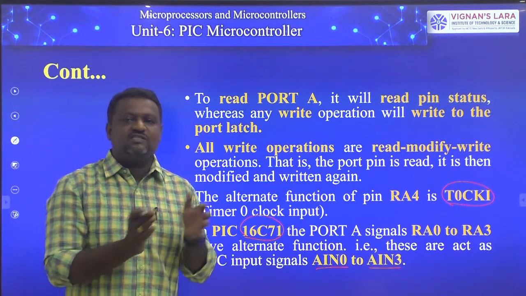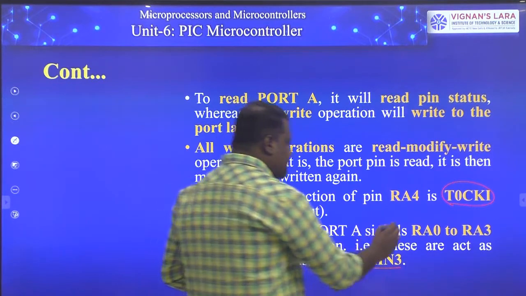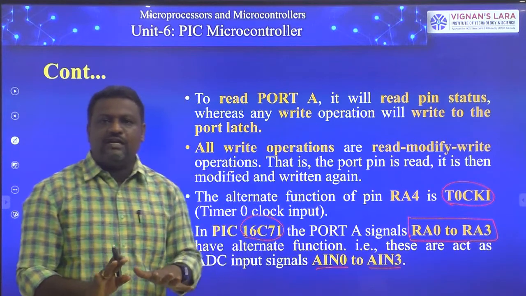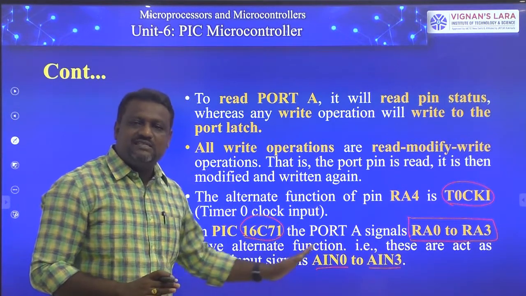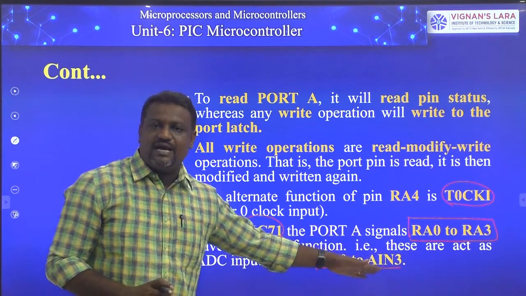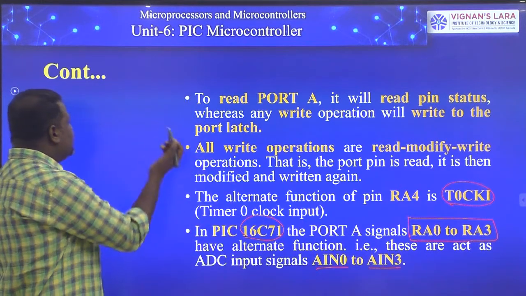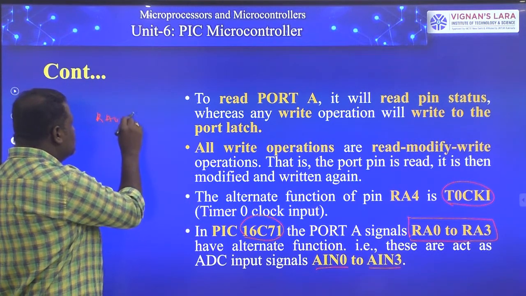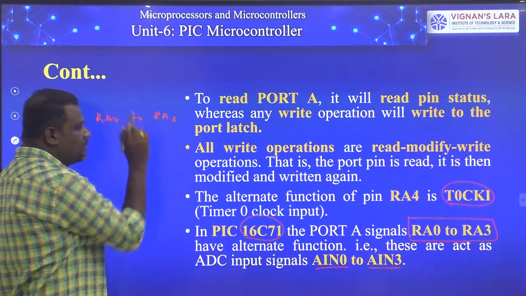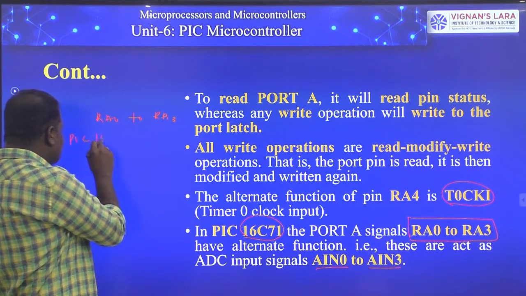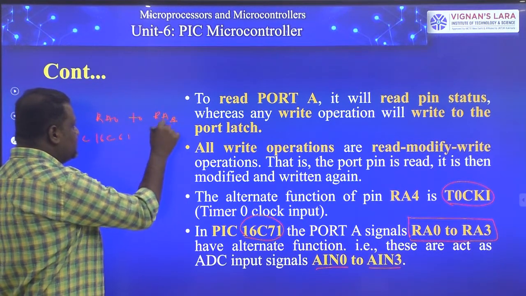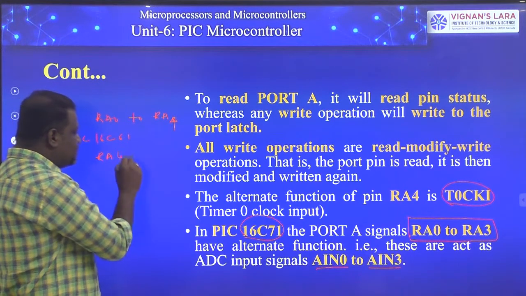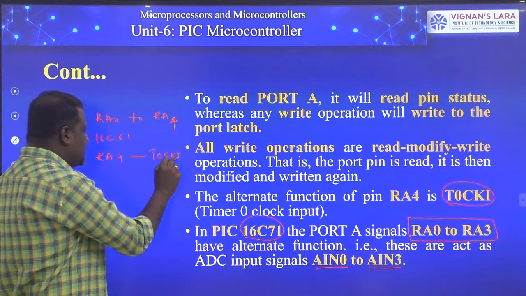But in PIC16C61, there is no alternate function for the port A signals RA0 to RA3. These alternate functions you find only in PIC16C71, that is AIN0 to AIN3. So totally the scenario is like this. Both 16C61 and 71 have port A signals RA0 to RA4. For PIC16C61, only RA4 has an alternate function, that is T0CKI.